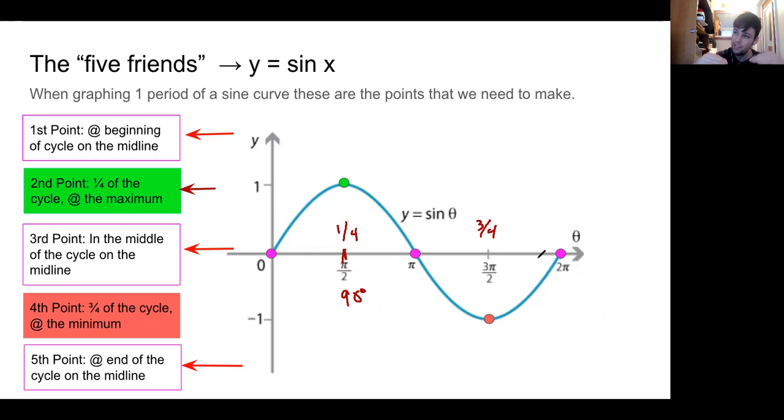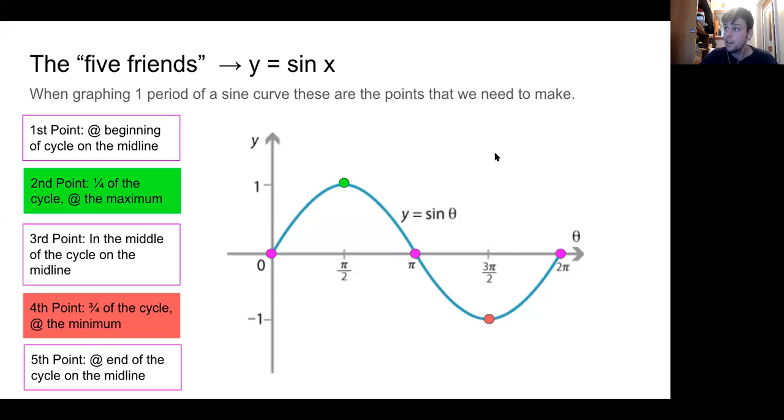Or if we shift our graph up or down, again, these points would have to shift up or down accordingly. But these are the 5 points we always want to find when we're graphing a single period or a single cycle of our sine curve. I'll reference these a lot. This is a good place to go back to and make sure you understand where all these points are coming from.